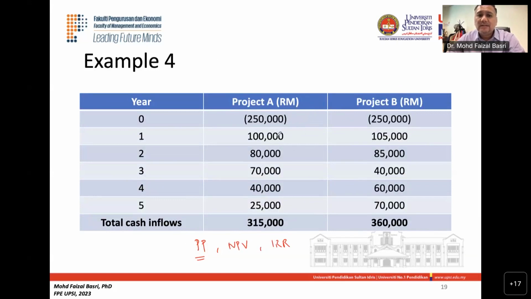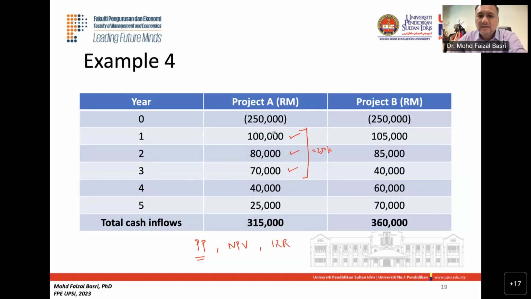So for project A, in order to accumulate up to 250,000, it will take 1 year, obviously, 2 years. When you add these two, it gives 180. And when you accumulate in year 3, when you combine these 3 years, it will give you a total of 250K.